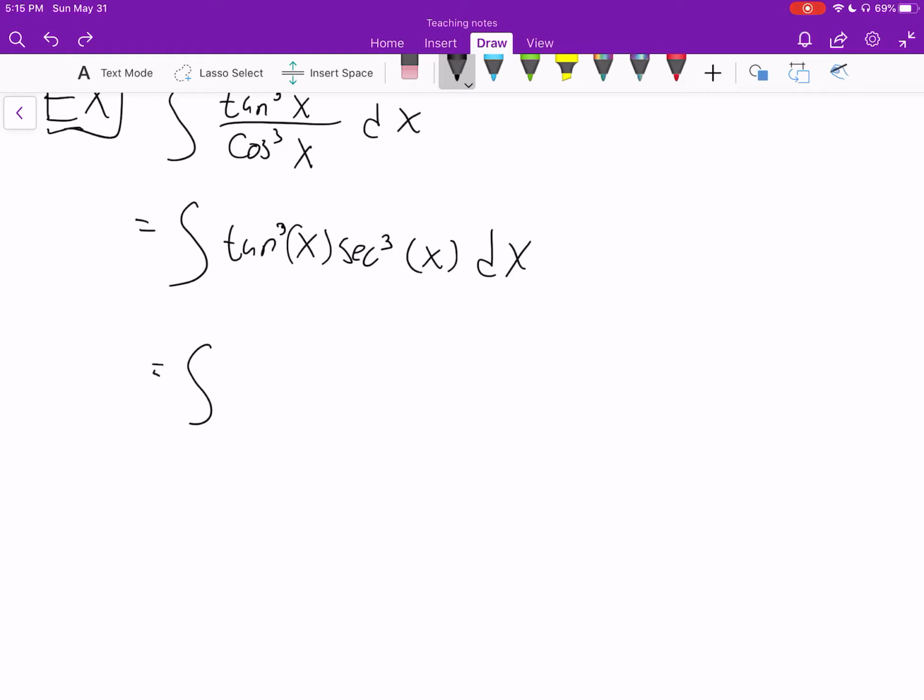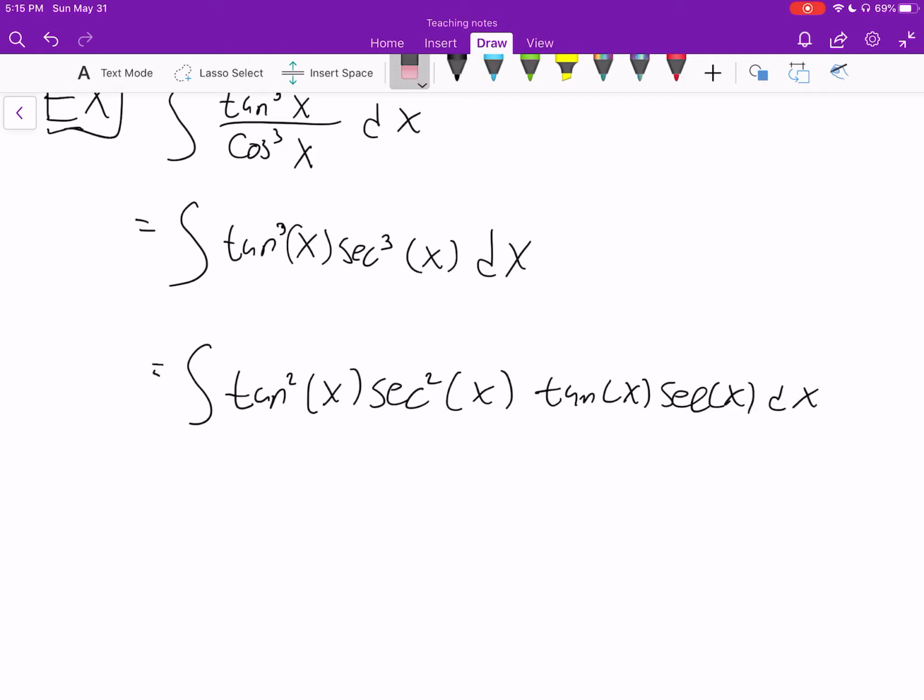We want to work with tan squared or secant squared because we have those trig identities. So let's separate off a factor of tangent secant. So I have tan squared x secant squared x times tangent x secant x dx. Let me clean that up.